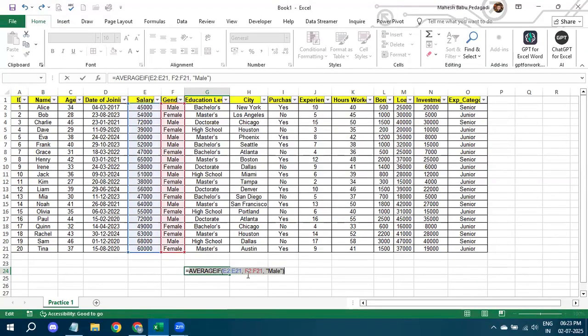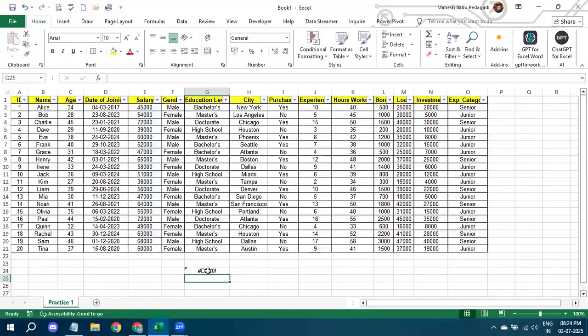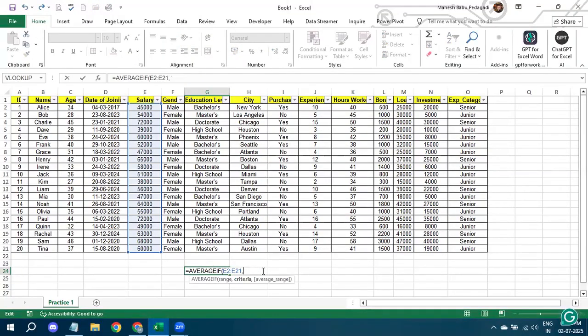Sir, what happened? Entire range. No, one second, guys. Average, comma, equal to male. Why am I not getting the values? I think you need to put a comma there after the second criteria.